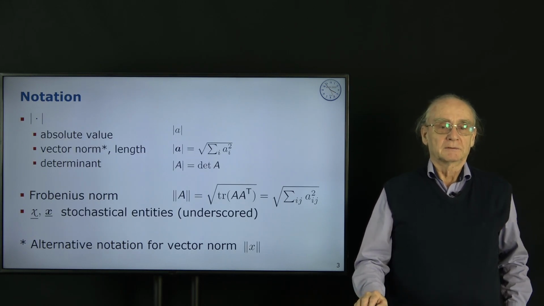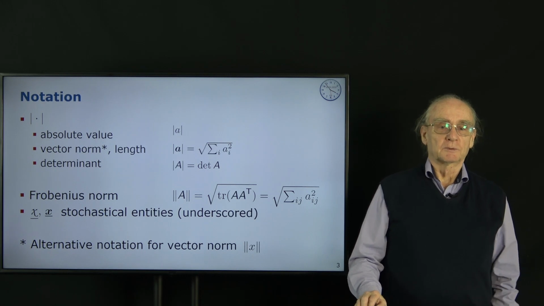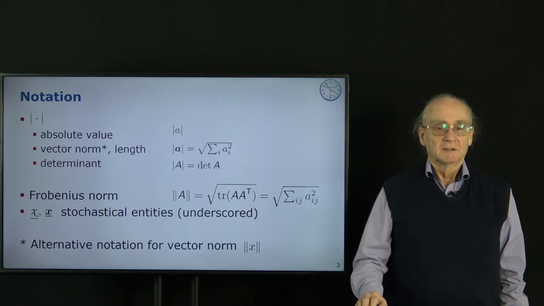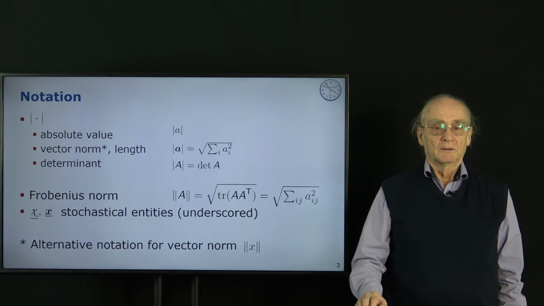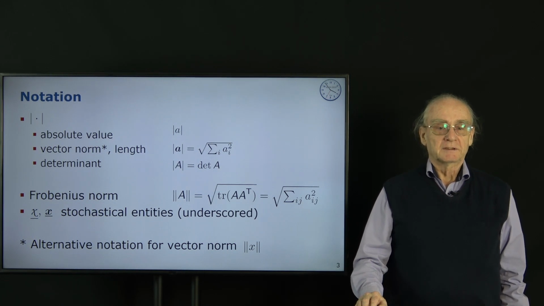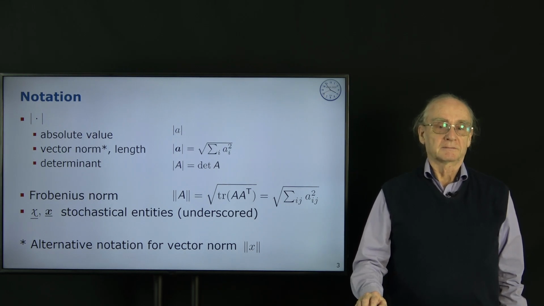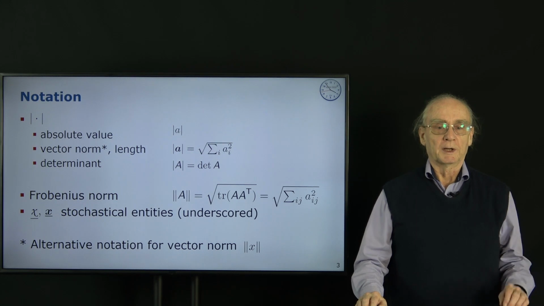Second, I use the notation for the absolute value, the classical bars, for the vector norm, or the length. You see that there's an alternative notation for the vector norm with double bars. That means we use here this with one bar.